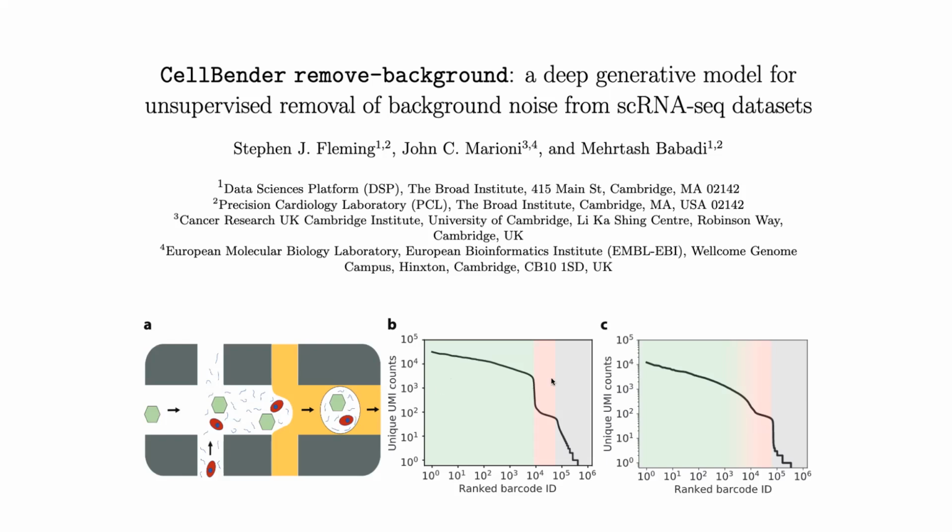CellBender is good for this knee plot situation where the drop-off is not quite so clear. It can do a pretty good job at determining cell versus empty droplet. It also will augment the counts matrix to remove counts from ambient RNA in the cells that you keep, which is pretty cool.